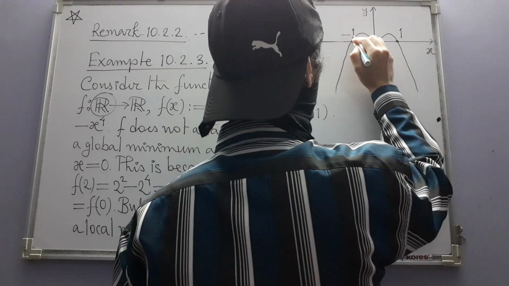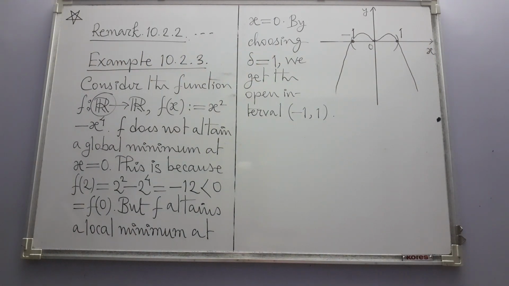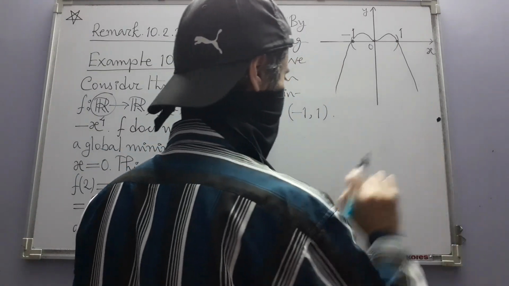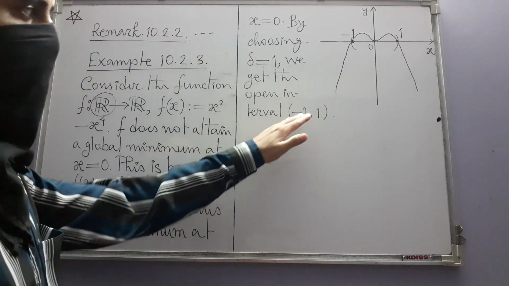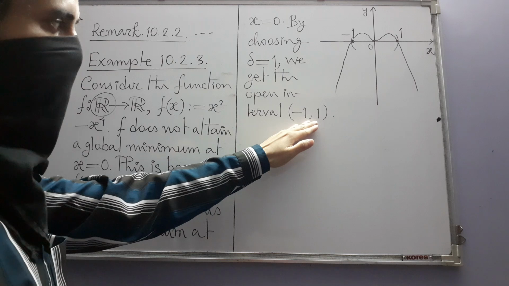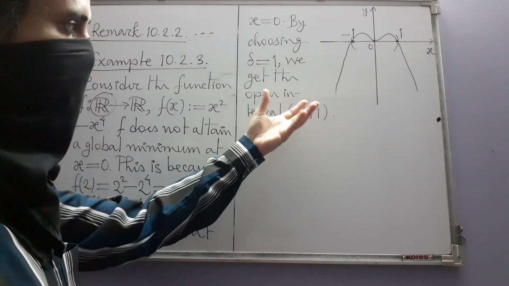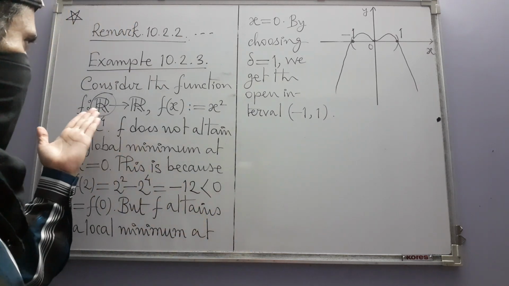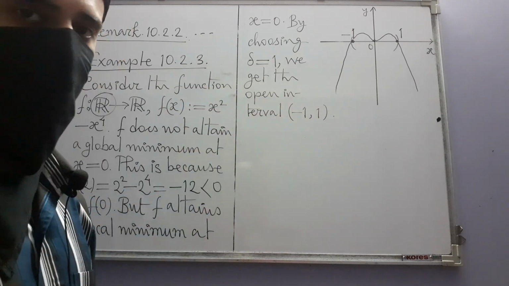That means this open interval. Now what happens in this open interval? Also, let us keep in mind, let's just be absolutely clear about everything. Whenever we choose such a delta neighborhood of x naught, we don't really simply concentrate on the open interval itself, but its intersection with the domain of the function. In this case, however, the domain is the largest possible set. So the intersection is this itself.